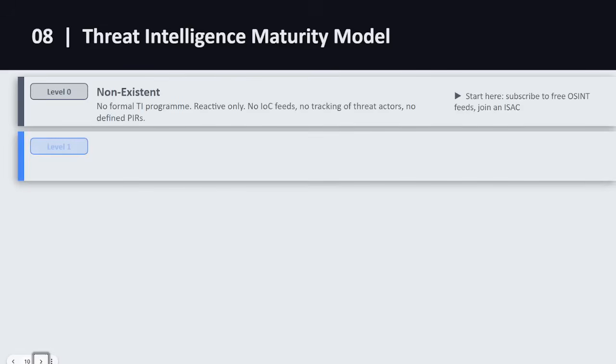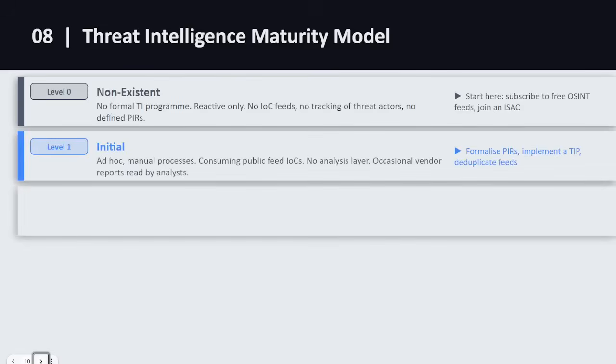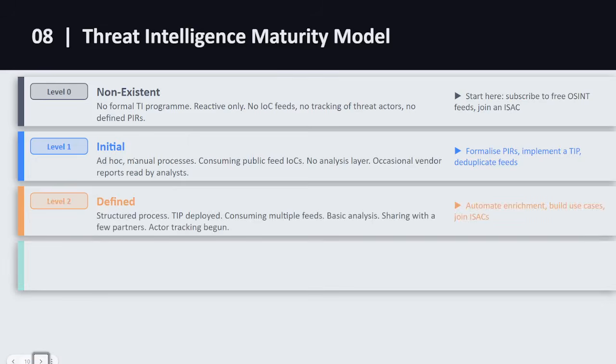So we have a maturity model. Non-existing: no formal threat intelligence program, level 0. Only reactive here. No indicator of compromise feed, you are not feeding anything here. No tracking, nothing is defined.